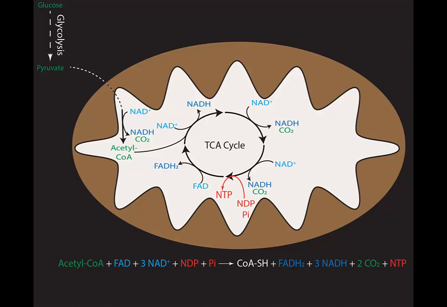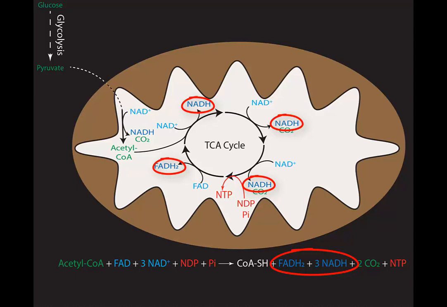But the main idea is that the 2 carbons in acetyl-CoA combine with molecules in this cycle and then ultimately get decarboxylated to form more carbon dioxide. So the 2 carbons end up as carbon dioxide, and during this process we generate a lot of reduced redox cofactors, a lot of NADH and 1 equivalent of FADH2.